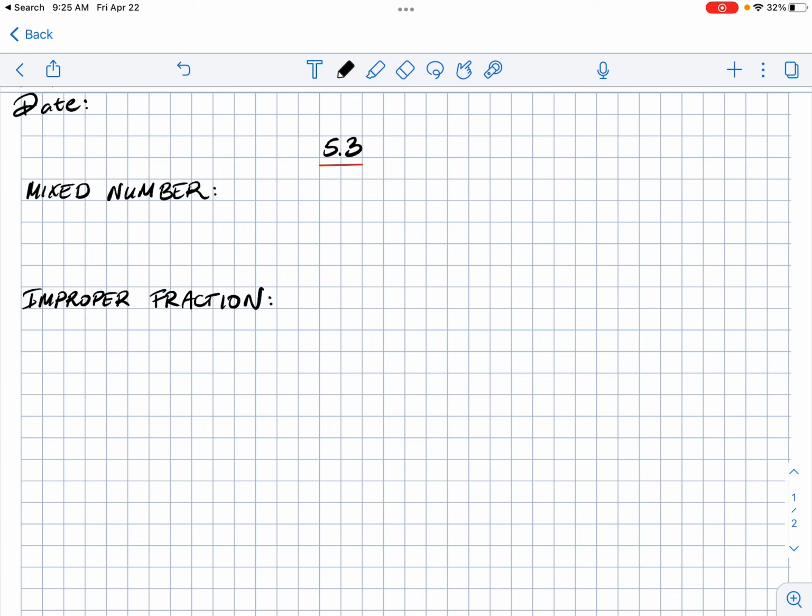So I'm going to continue. Look at your definitions that you came up with, mixed number and improper fraction. So let's start off with mixed number first. A mixed number, if you remember from previous years, is a combination, and however you worded it, similar to this is fine, a combination of a whole number and a fraction.